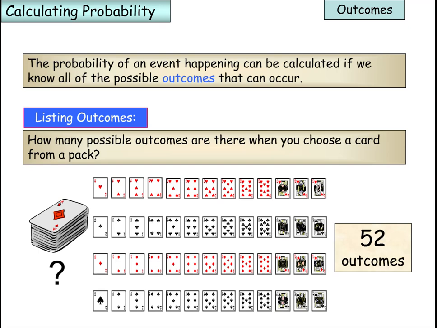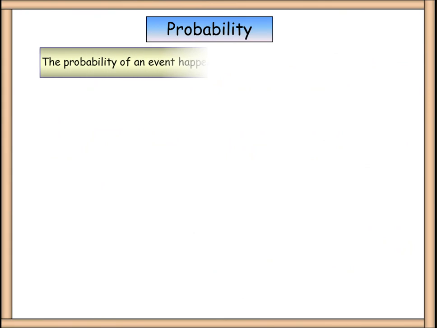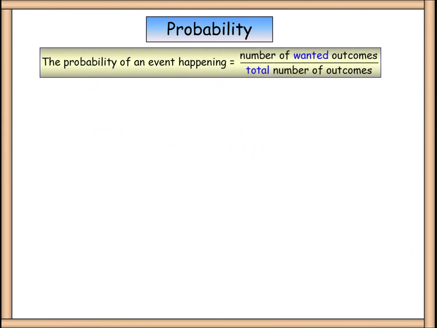Okay, you've got 13 cards in each suit, so 13 times 4 will give you 52. And there we have it. The probability of an event occurring is the number of wanted outcomes, what you want to happen, divided by the total number of outcomes. So if you're tossing a coin and you want heads, the probability of heads is 1 out of 2.